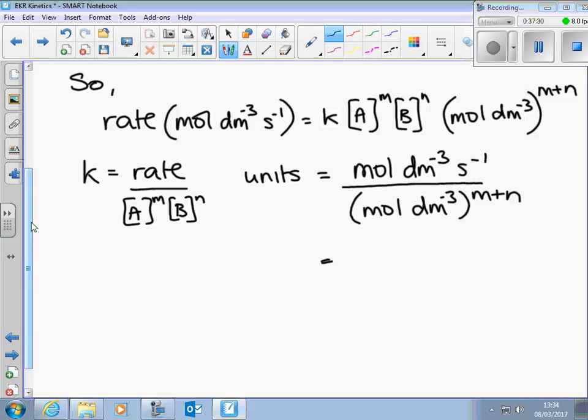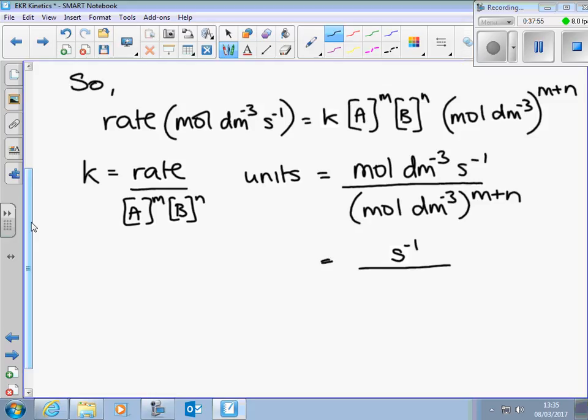Just seconds to the -1 on the top. But what would we have on the bottom? Moles per decimeter cubed to the power of M plus N. We've got to cancel one. We took it off the top, so we've got to take one off the bottom. So it's M plus N minus 1. We lose one. Does that make any sense?